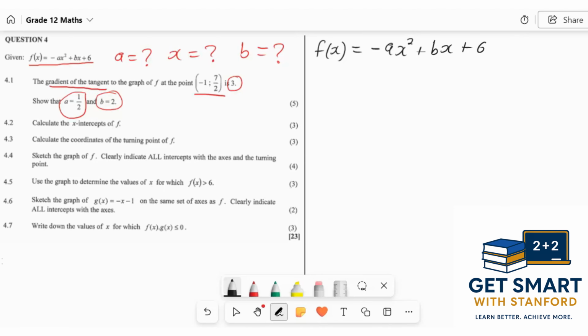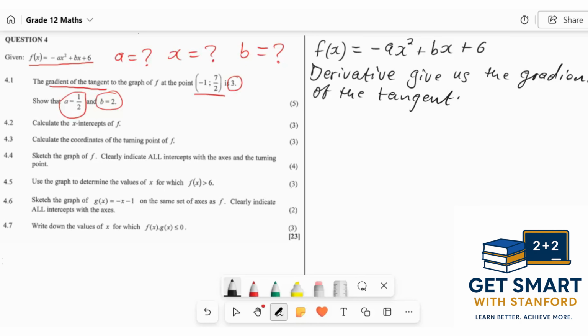When we have this, what can we do? We've been given the gradient of the tangent, and the derivative of this function will give us the gradient of the tangent.